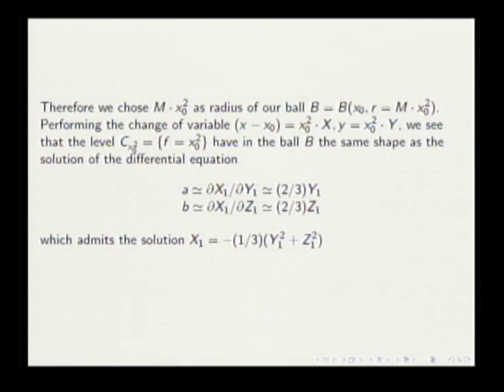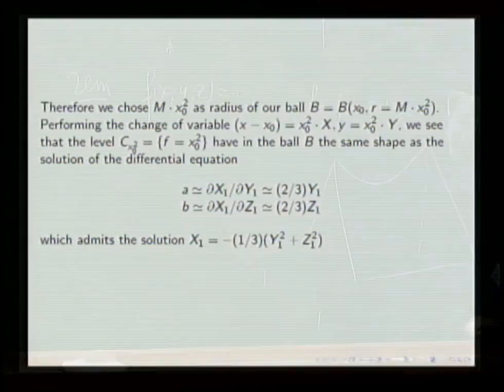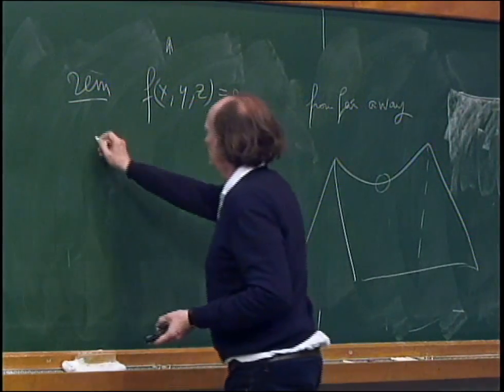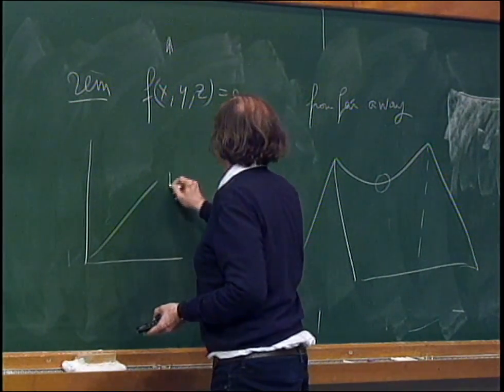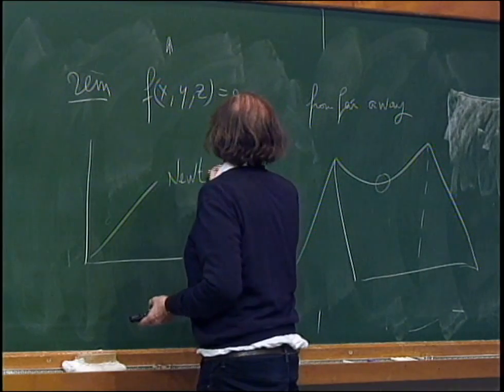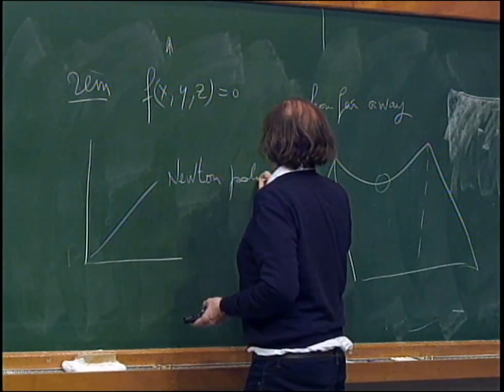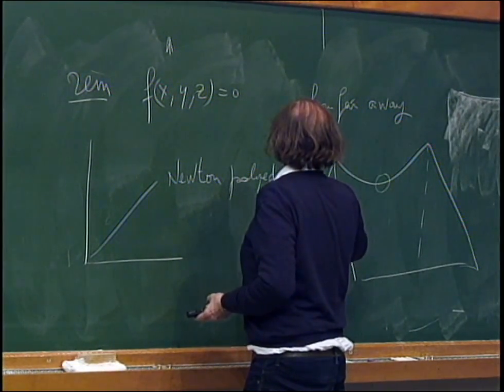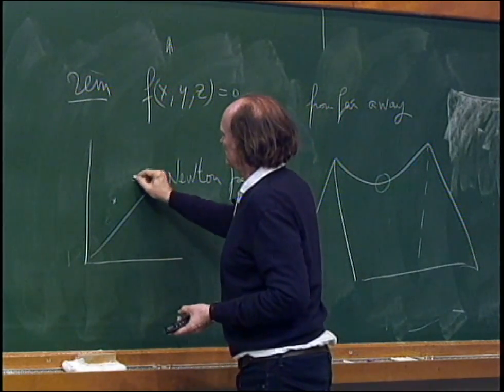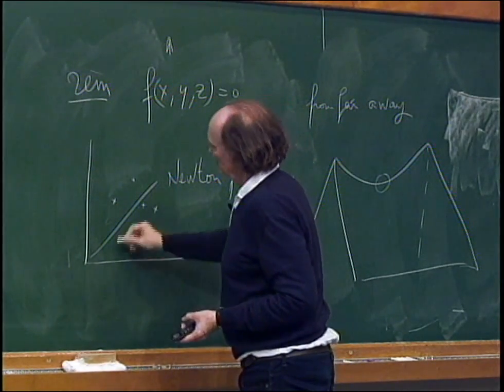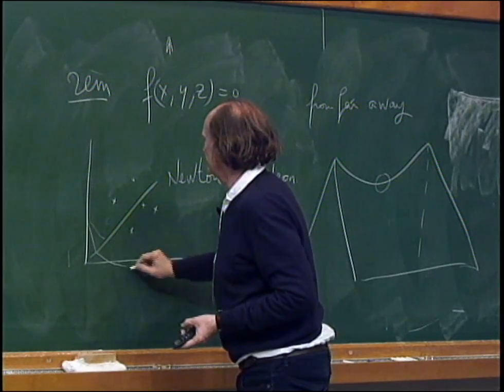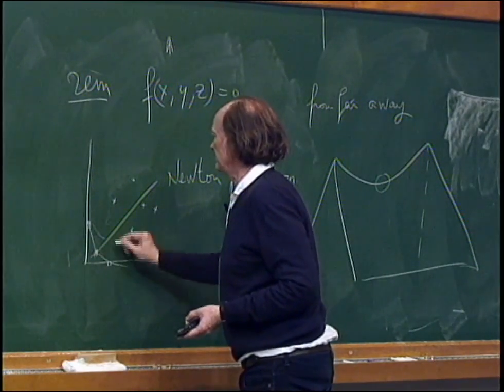Remark, if you take f of x, y, z equals 0, if you play the same trick of Newton, you get a polyhedron, because the Newton cloud is three-dimensional.